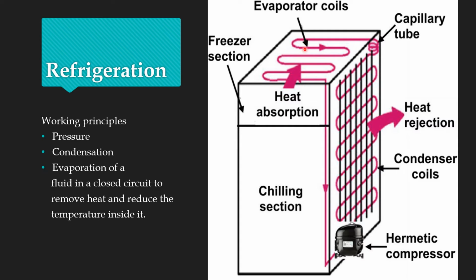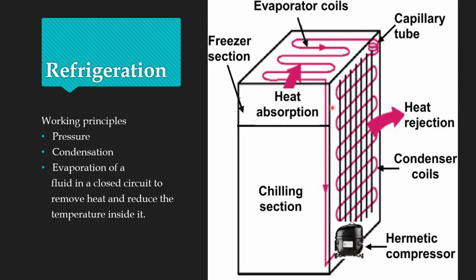Here heat is absorbed mainly in the freezer. The other chilling compartment is there. Then at low temperature the liquid becomes gas almost here. Then we have the receiver and dryer part. Then it comes to the compressor section and the cycle continues.